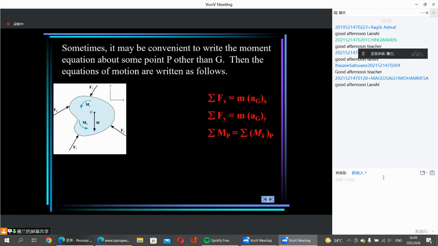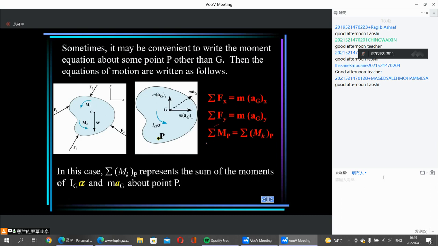We have done this before. Here, you can choose any point to write down the moment of the two force systems. They should be equal with each other. Here, again, sigma M_KP represents the sum of the moments of I_G alpha and m a_G about point P.